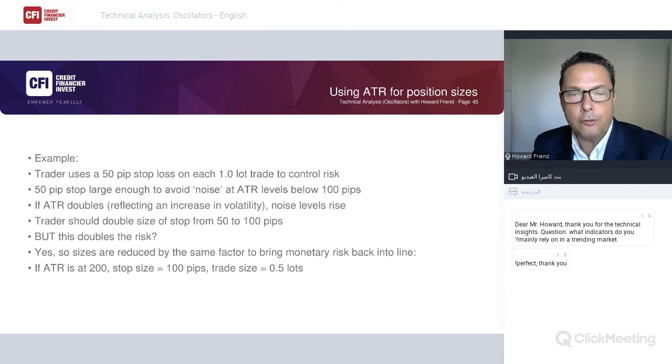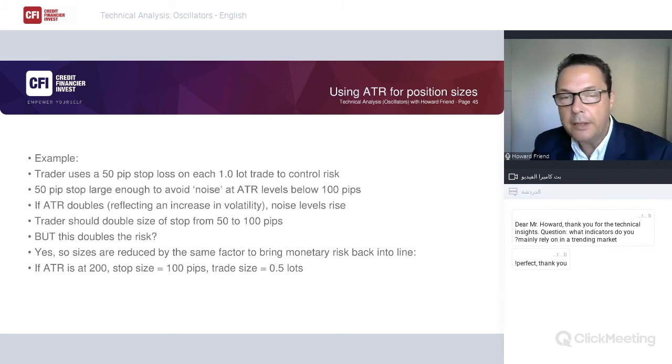What I like to do myself is, if volatility doubles, then I like to halve my position size. And similarly, if volatility halves, I like to halve my stop size. In this case, what we're talking about is the stop size.